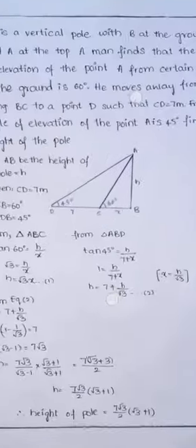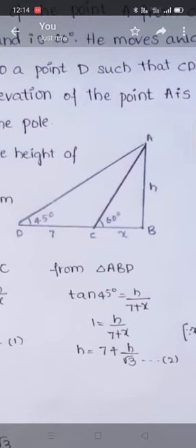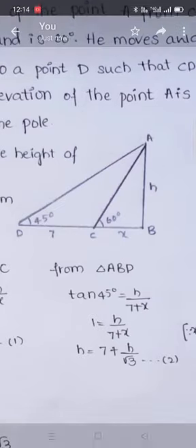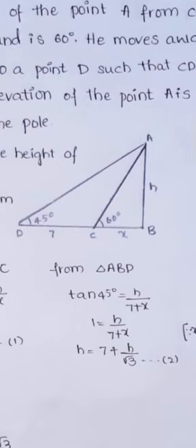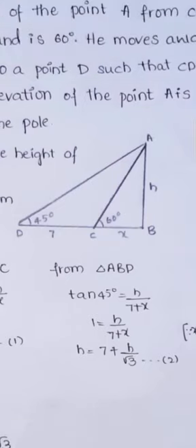So let us discuss it with this diagram. AB bar is the pole. It is of length h, I am assuming it. We have to find this h length. Now a man goes from B to C and makes an angle of elevation to the top of the pole A of 60 degrees, given in the problem.